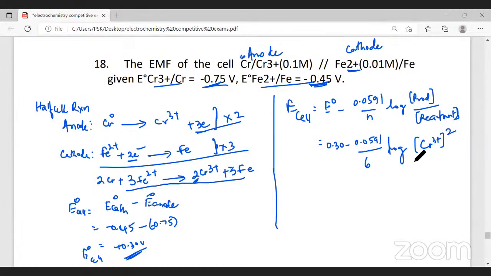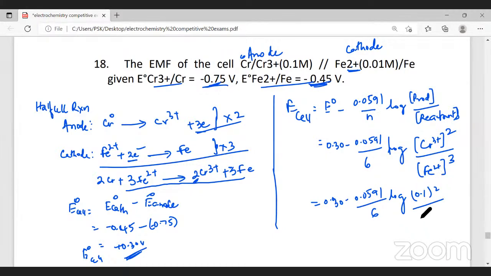The reactant is Fe2 plus, whose coefficient is 3, so I write it to the power 3. So I get 0.30 minus 0.0591 by 6 log of, the chromium concentration 0.1 the whole square, divided by the iron concentration 0.01 the whole cube.